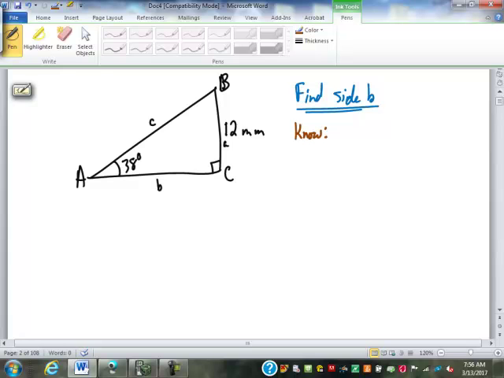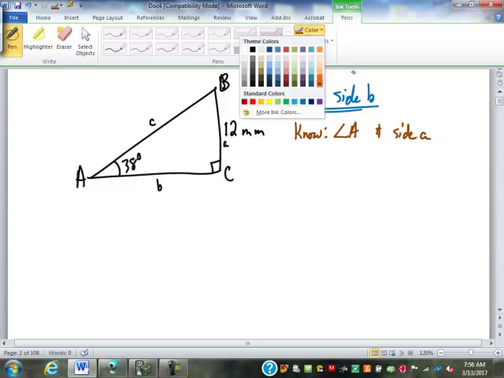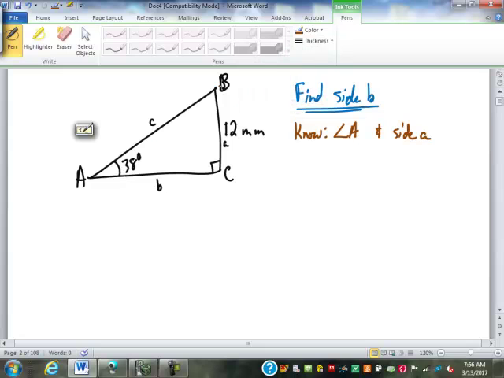Well, I already know angle A and side A. So from that, I know this angle here. I know this side, and I'm looking for this side. So from that angle, that obviously 38 is the angle I'm going to use.